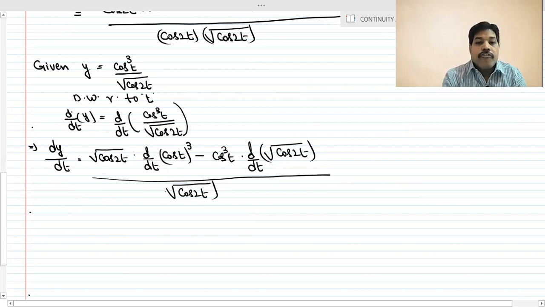Why? Because it is v into u dash minus u into v dash by v square. Here the square and the root will be cancelled. So what happens?